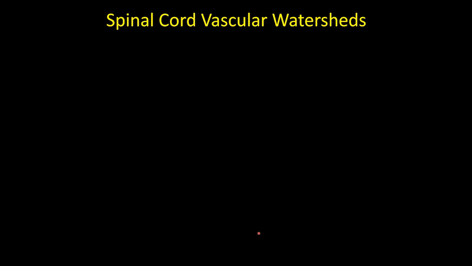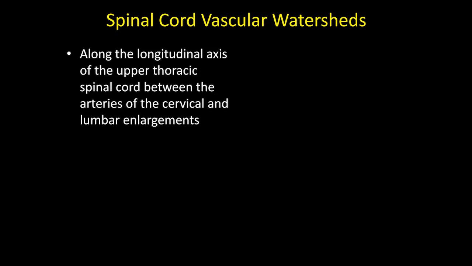So this understanding will help us understand the concept of the spinal cord vascular watersheds. The watersheds of the spinal cord vascular territory will be along the longitudinal axis of the upper thoracic spinal cord, between the arteries of the cervical and lumbar enlargements.